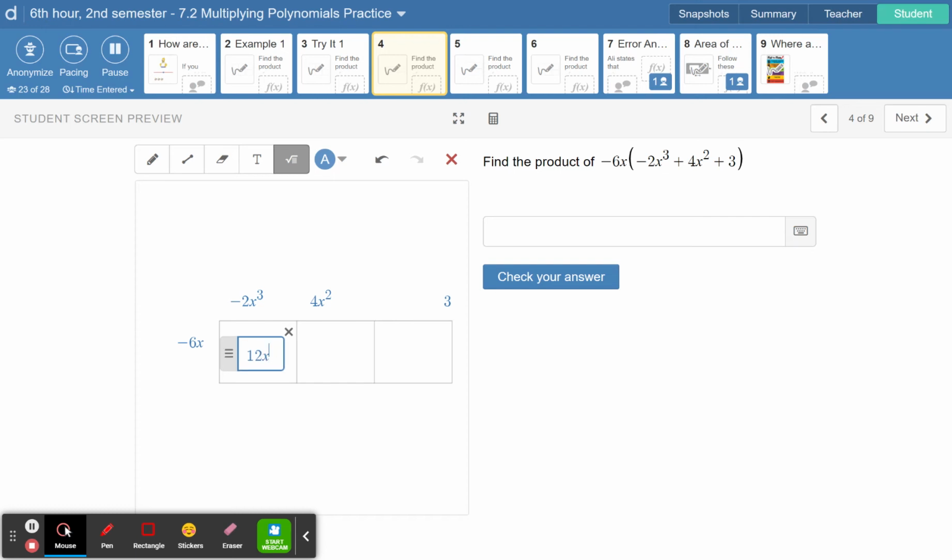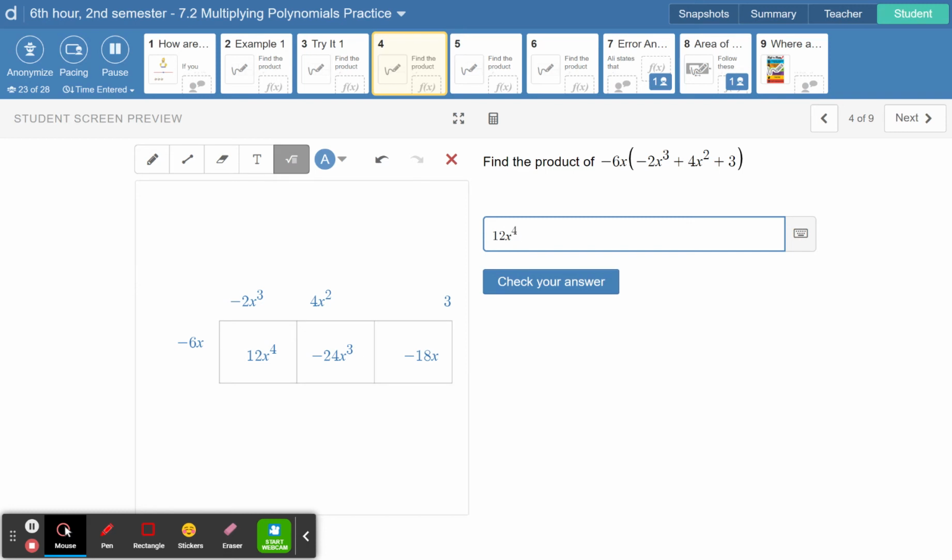Add the exponents. 3 plus 1 is 4. Then we have negative 24x. Don't forget this exponent. 2x squared times x to the first is x to the third. And then don't forget the x on the end. So when we have one row, you're not going to have like terms, so it's actually easier than the previous problems.